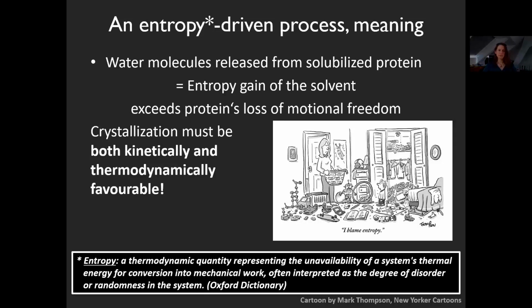Crystallization must be both kinetically and thermodynamically favorable in order to occur. So can you think of kinetic factors for crystallization? There are, for example, gravity. In the old days, people wondered whether it would be possible to grow crystals in space, and they actually tried.